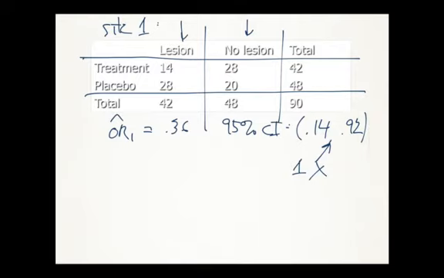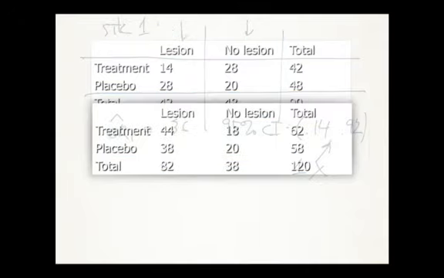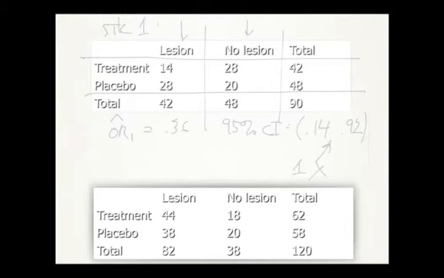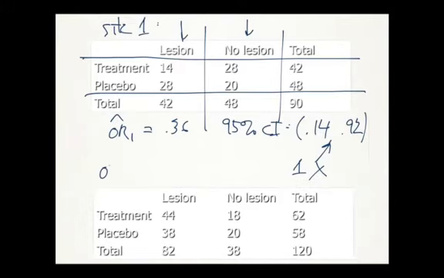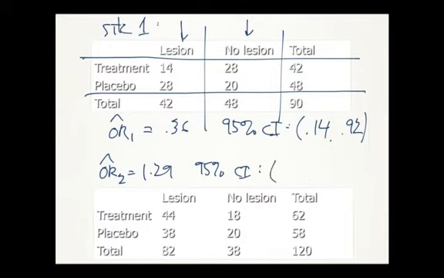Now, what if we were to add the results of our experiment for site 2? Here is site 2. The odds ratio estimate for site 2 is 1.29. The 95% confidence interval goes from 0.55 to 2.99.